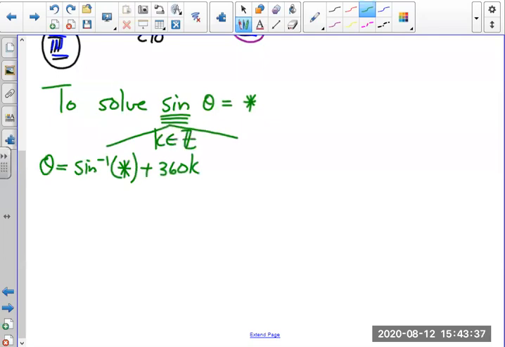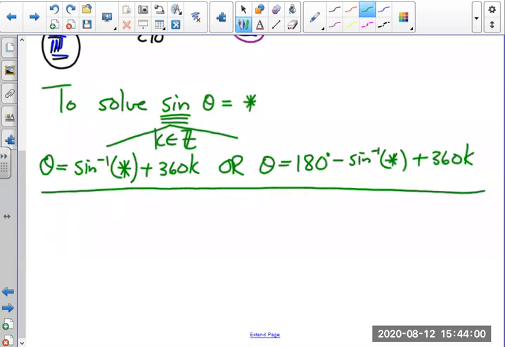You mustn't forget the k element of z because it's going to cost you a mark. Or theta is equal to 180 minus shift sine star plus 360k. Done and dusted.